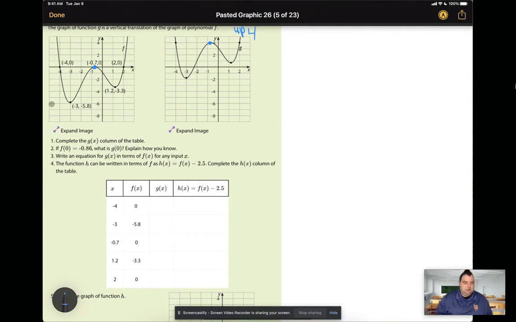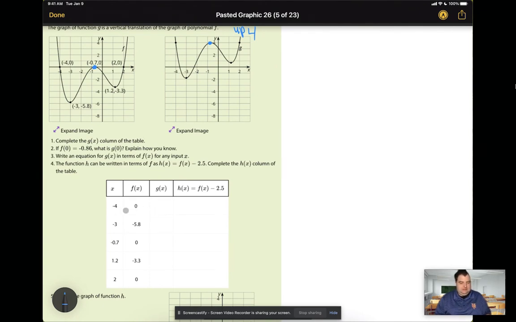Number 1, complete the g of x column of this table here. The important thing to realize is because we're shifting up 4, and when we think of vertical movement, that means y-axis or y values, all we're going to do is take all of the y values and add 4 to them.